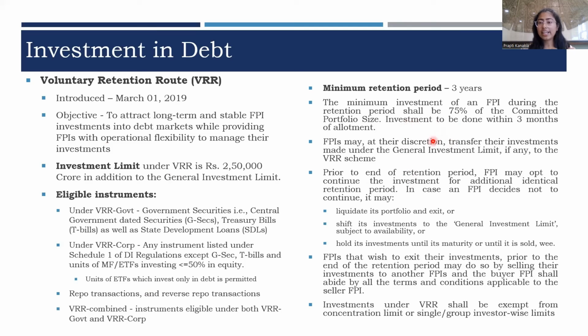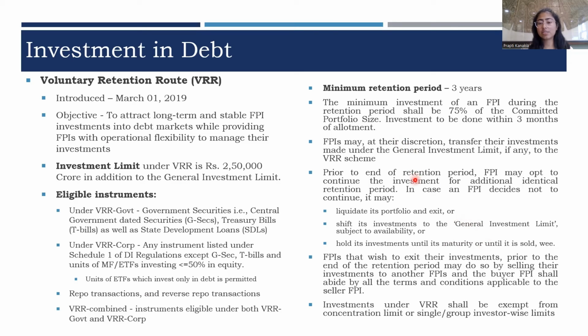At the end of those 3 years, the FPIs have the option of either liquidating their portfolio and taking an exit, or they can shift their investment to the general investment limit if there is an available portion in the medium-term framework. Or they can hold their investment till maturity, or maybe they can sell it to another investor.